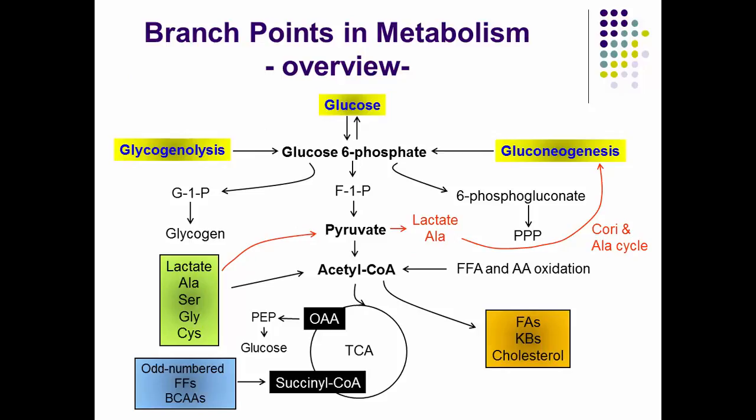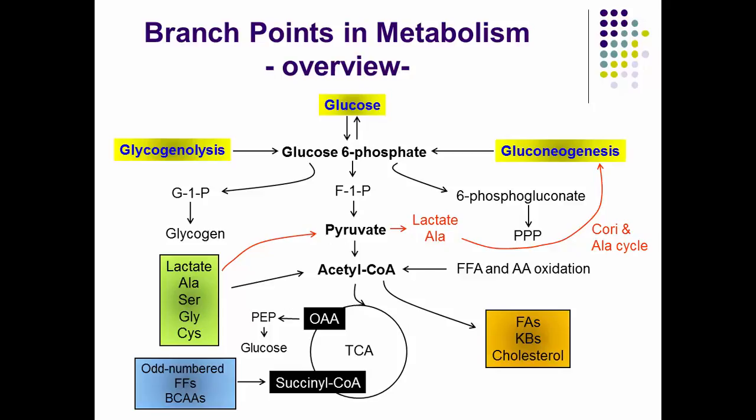Okay, so on this slide I put all four different branching points: glucose 6-phosphate, pyruvate, acetyl-CoA, and succinyl-CoA, and you can see where these four branching points are located and how they connect to different metabolic pathways, right?